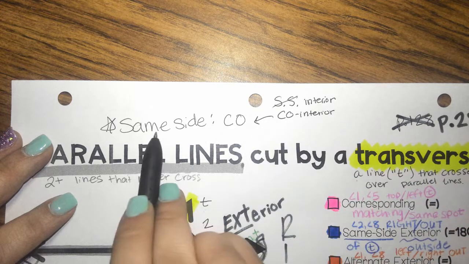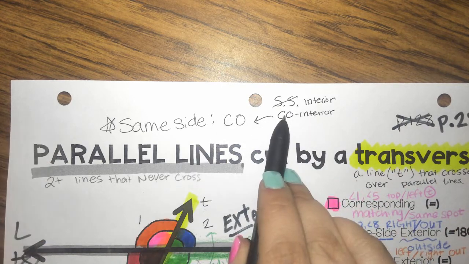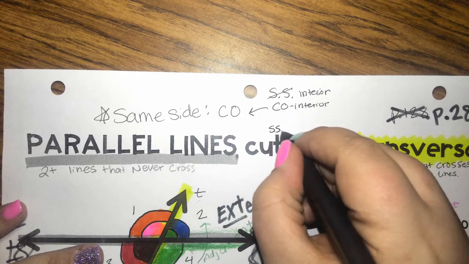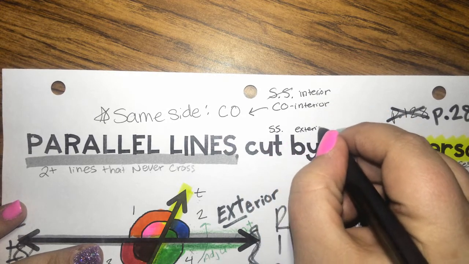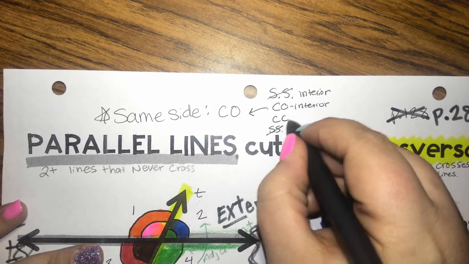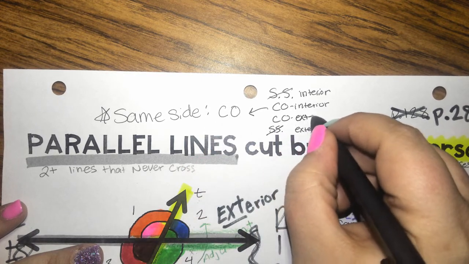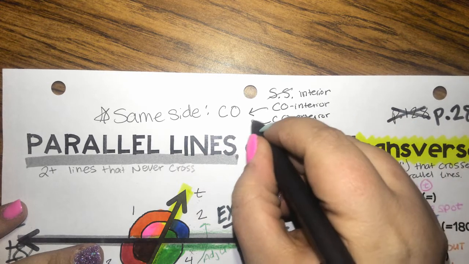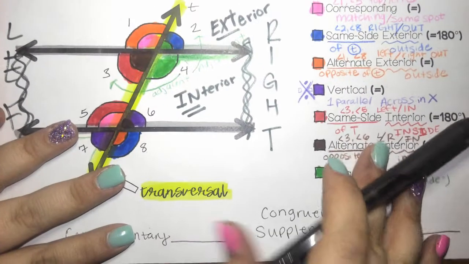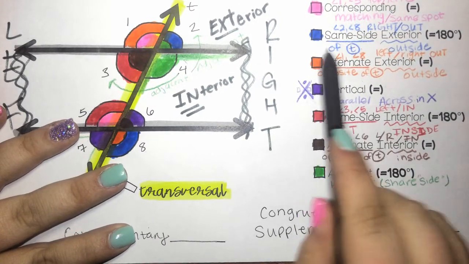So this would mean same side interior, even though it's spelled co-interior. Just like if I said same side exterior, instead of saying same side, I can say co-exterior. Co-interior and co-exterior is another way to say same side interior, same side exterior.